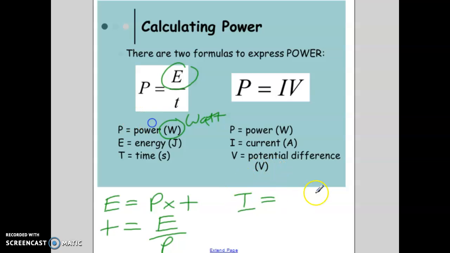If we wanted to solve for I, it would be P over V. And if we wanted to solve for V, it would be P over I. So again, three variable problems similar to density and Ohm's law and charge calculations and energy calculations from part 1.